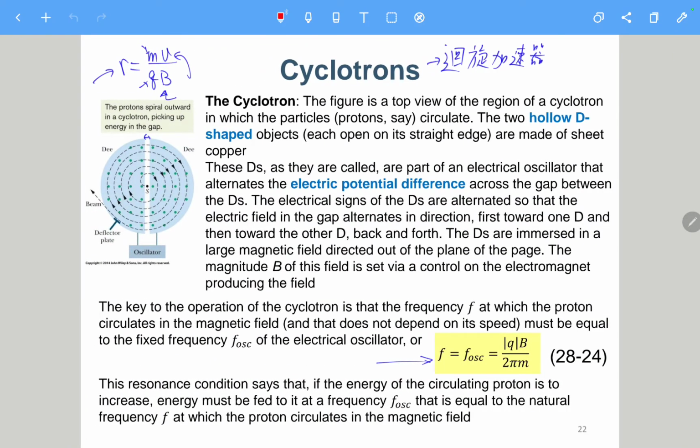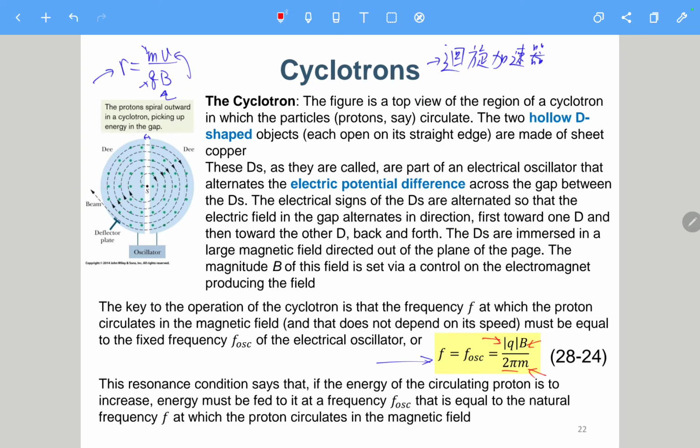So which means that, suppose we have Q, Q is fixed. We know the charge, and then 2 pi is a constant. M is also a constant.